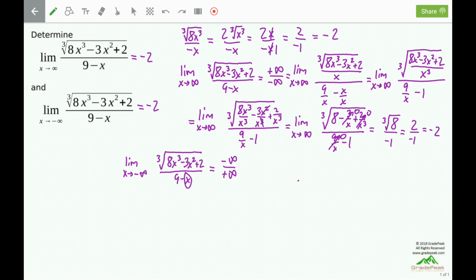However, since x is approaching negative infinity, and the highest power term in either the numerator or denominator is inside of a root, which is happening here in the numerator, instead of dividing by x to the first power, we will divide by negative x to the first power.